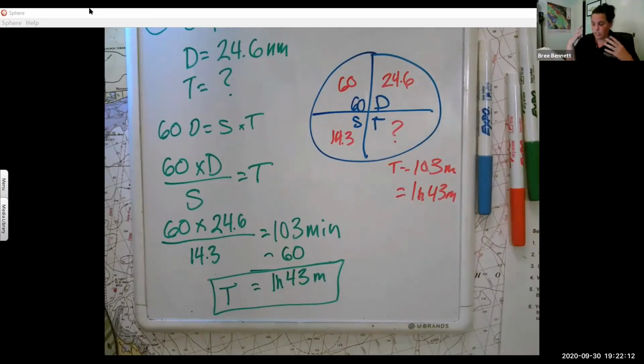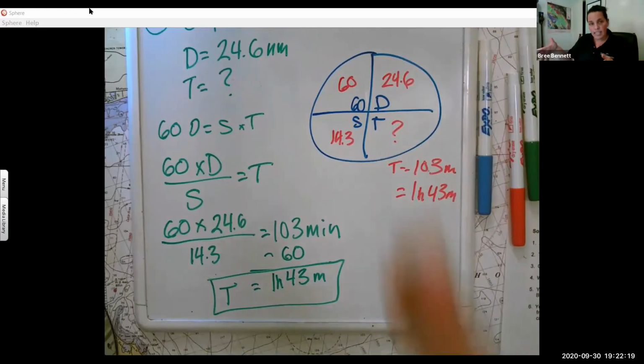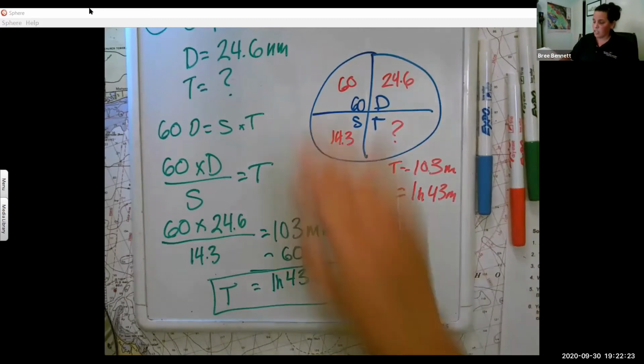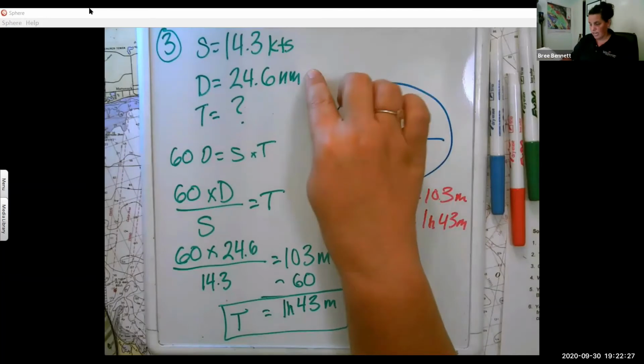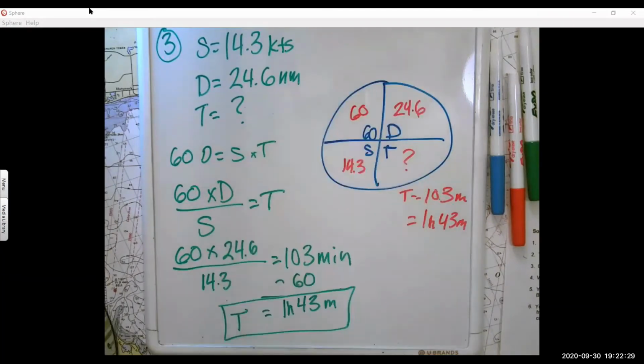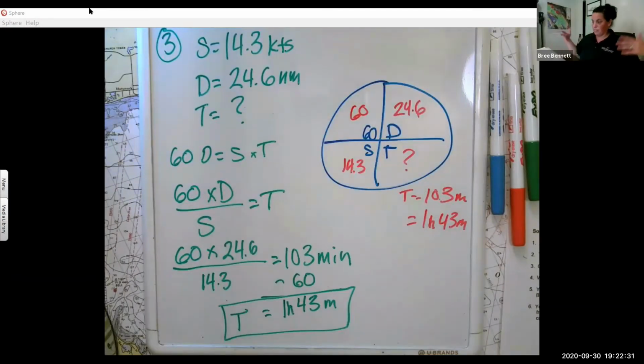So you always want to do that common sense check: does this number make sense? If I was going 14 knots at a distance of 24 miles, give or take, would it take me 5 minutes, or would it take me at least over an hour, maybe 2 hours?